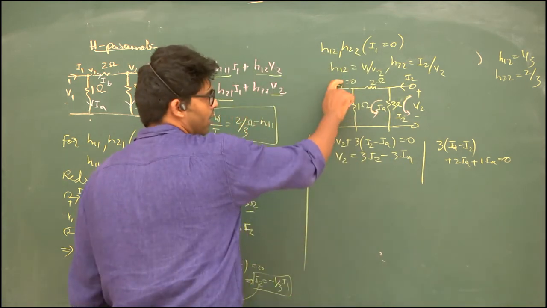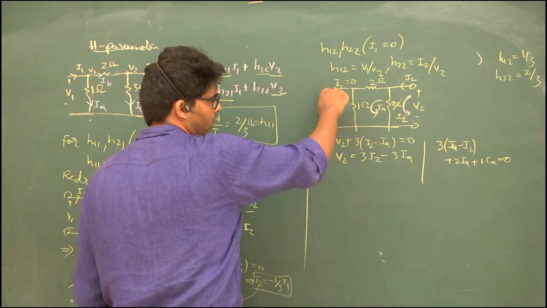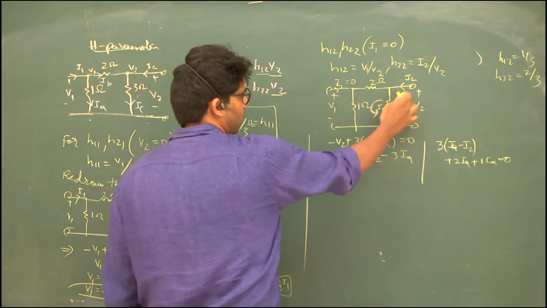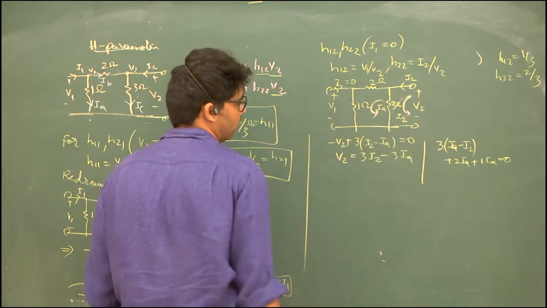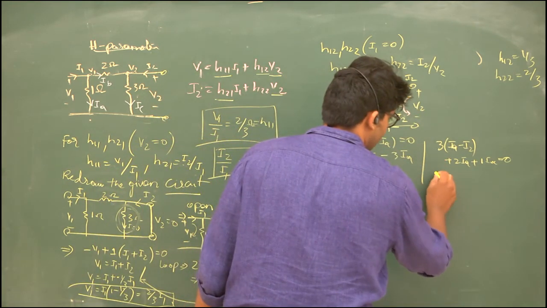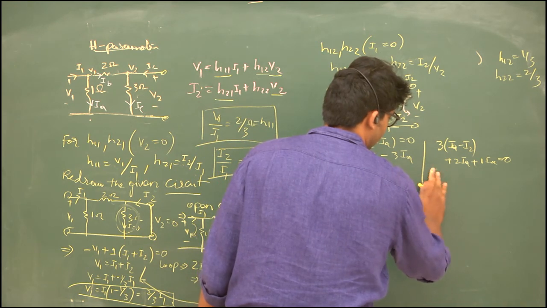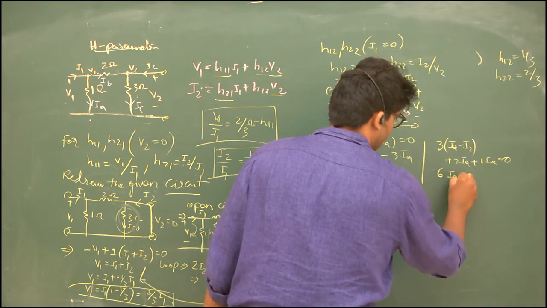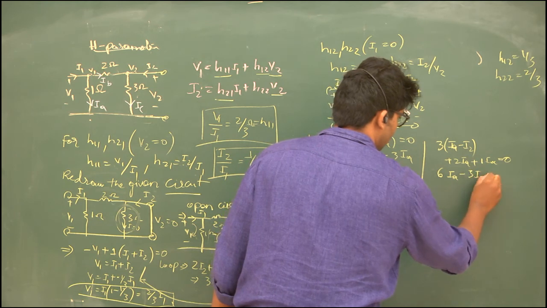Here the I1 current is 0, therefore no current is flowing from this terminal. But I2 is not 0, therefore current is flowing. Calculating this further, we get 6IA minus 3I2 equal to 0.